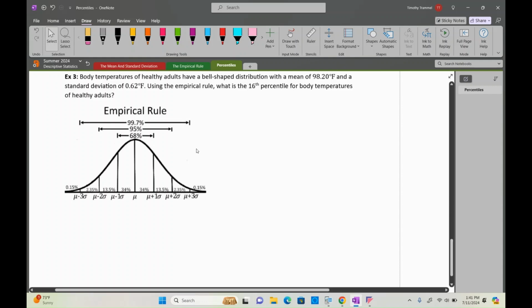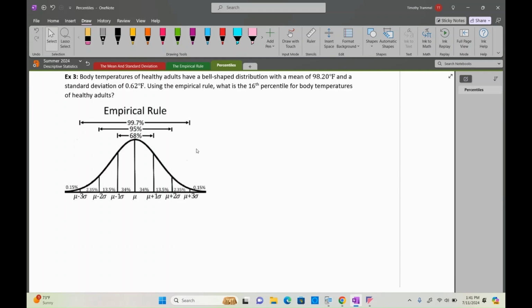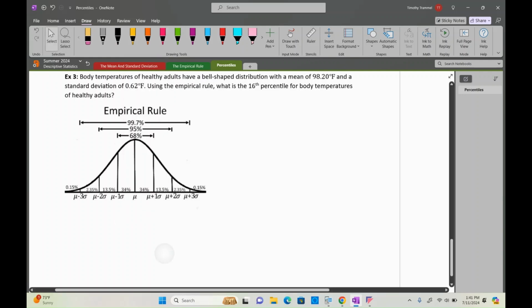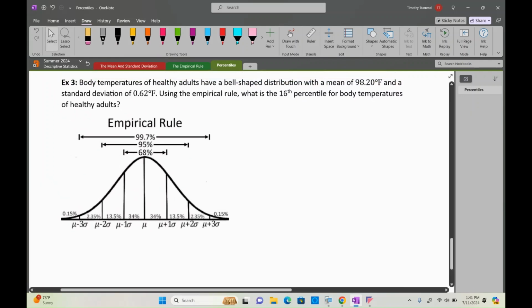So it says that body temperatures of healthy adults have a bell-shaped distribution with a mean of 98.2 and a standard deviation of 0.62. So if I wanted to, I could actually go in here and start filling those in. Maybe I'll try to write a little bit smaller here so that there's plenty of space. So 98.2 should go right in the middle.